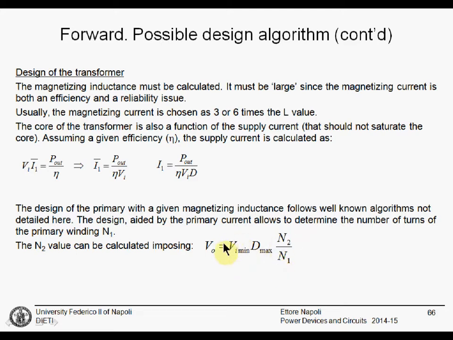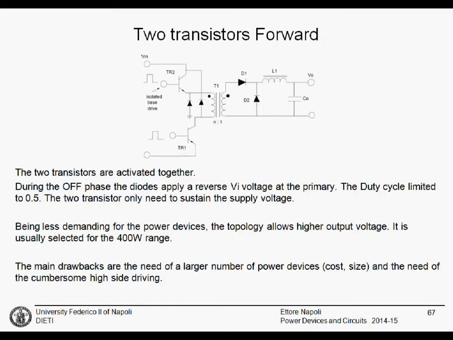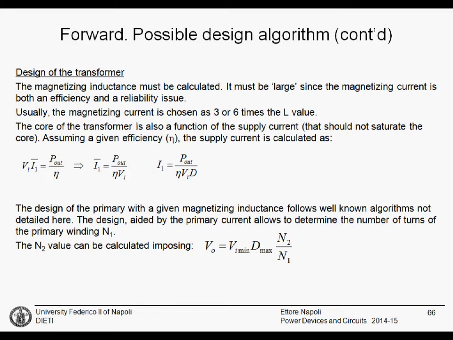In this case, it is better to use the maximum duty cycle that you can get multiplied by the minimum voltage, because this is the worst case that you can get. Once you know N1 and N2, N3 we said from the specification is equal to N1 since the maximum duty cycle is 0.5, is 50%, and the design is more or less closed in principle.